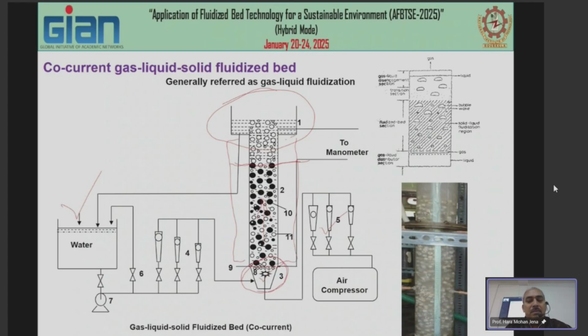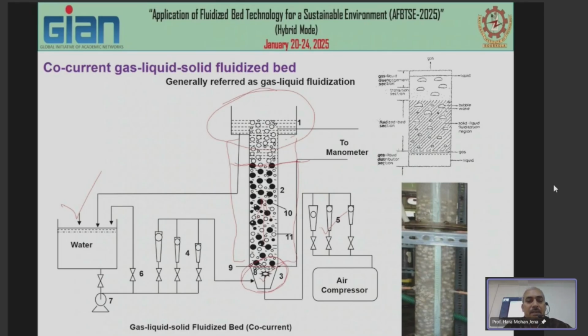So at the bottom there is a distributor section where gas and liquid distribute and mix together and enter the vessel, and at the top of the bed there is a disengagement section where the gas phase escapes the liquid.